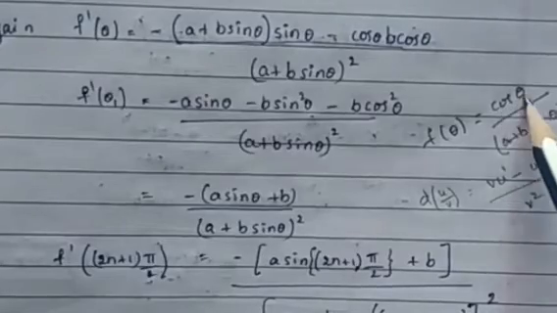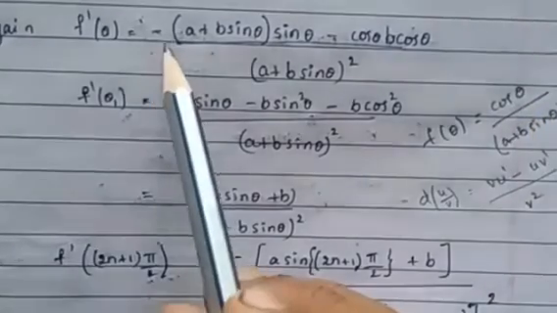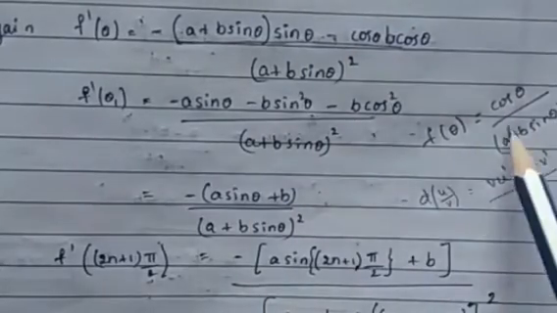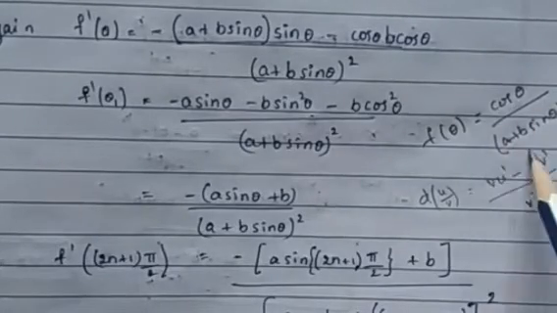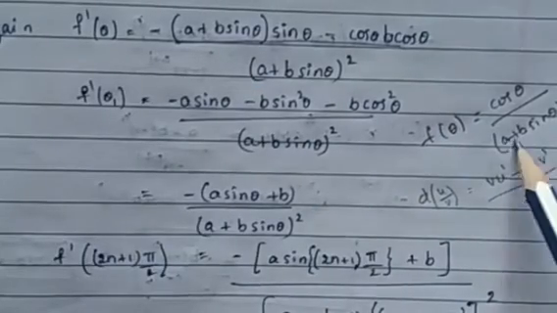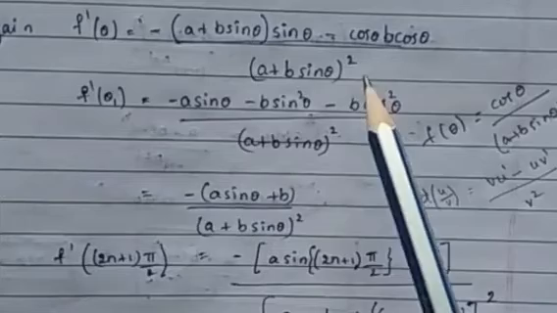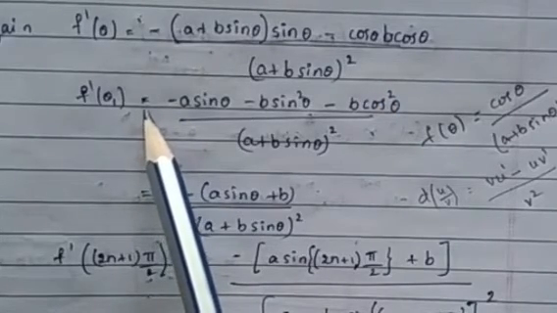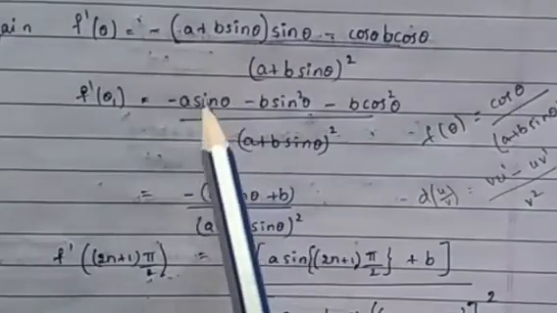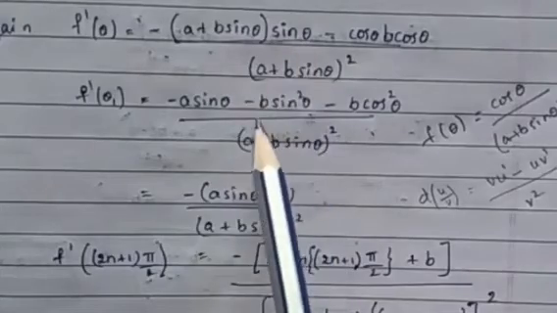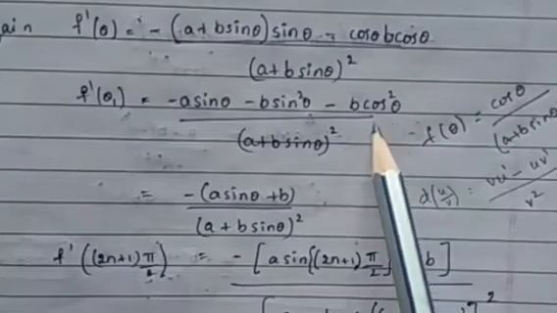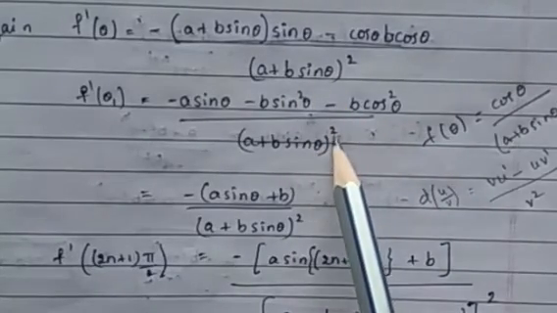Next, differentiation of cos theta is minus sin theta, minus cos theta into a plus b sin theta differentiation. A plus b sin theta differentiation is b cos theta, by v square, means a plus b sin theta whole square. Which is equal to, multiplying sin theta with minus sin theta, you get minus a sin theta minus b sin square theta minus b cos square theta by a plus b sin theta whole square.